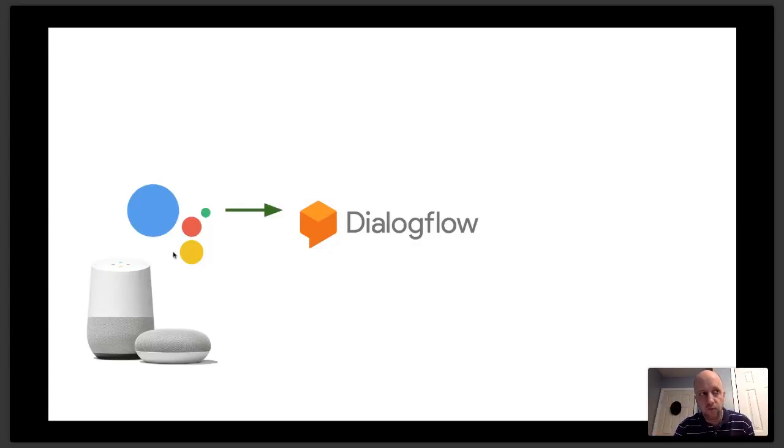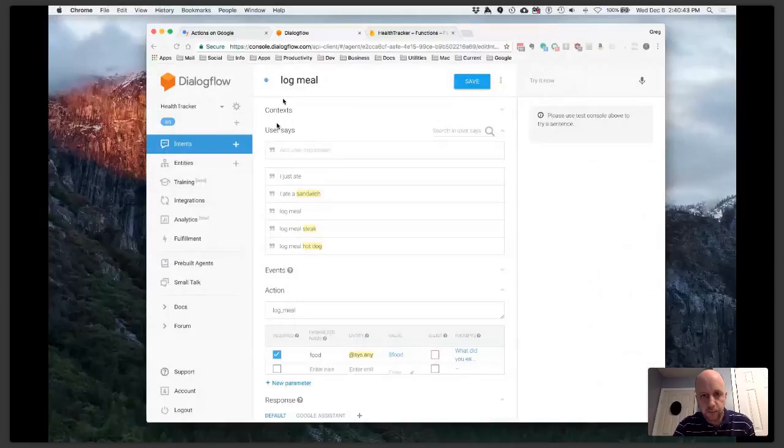Actions on Google figures out, based on the phrase and the invocation that was used, say, Google run this app, it's going to then call the appropriate Dialogflow project, I guess it's called, that you've set up, and Dialogflow will then figure out what to do with it. So let's look at that.